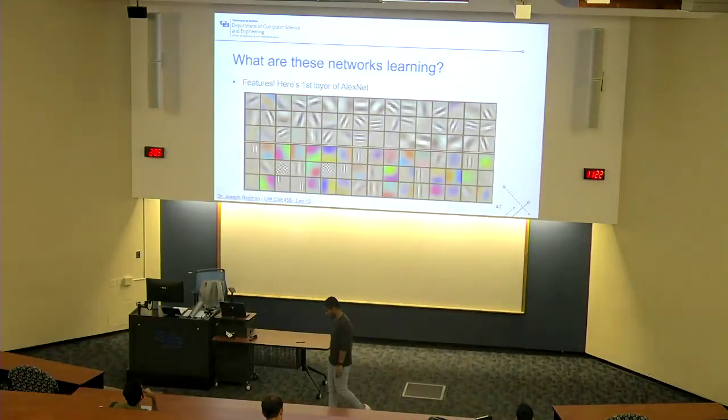So far, the outputs of convolutional layers, I said that they could be similar to edges or whatever. These are visualizations of the filters within AlexNet that was trained for the ImageNet challenge.